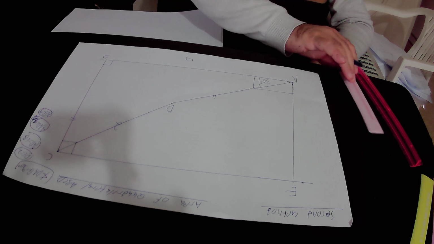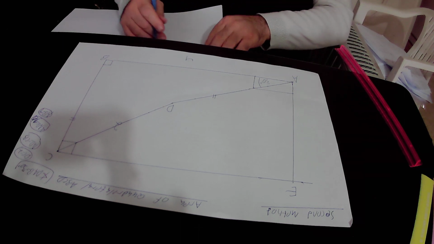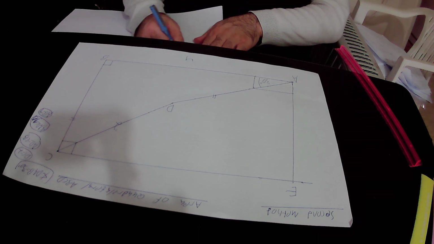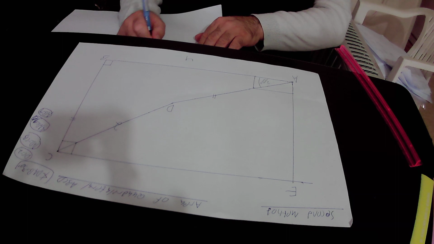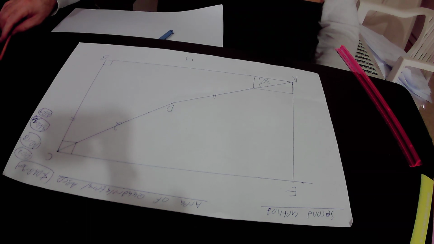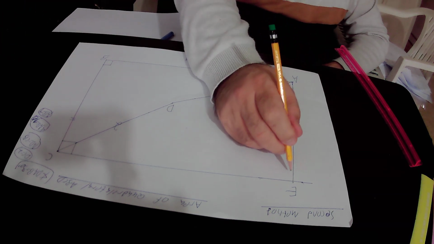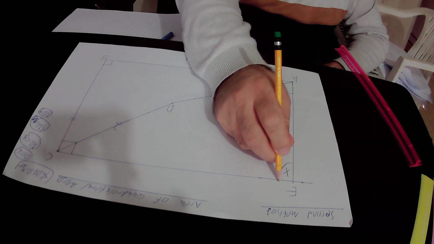And the sum of those 3 right angles is 90 degrees times 3, which is 270 degrees, plus the fourth angle that we will define as angle X.